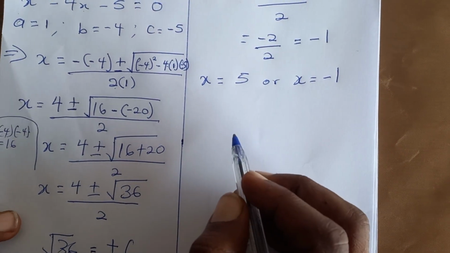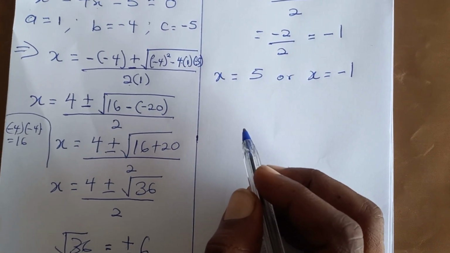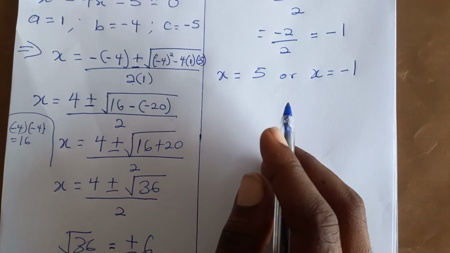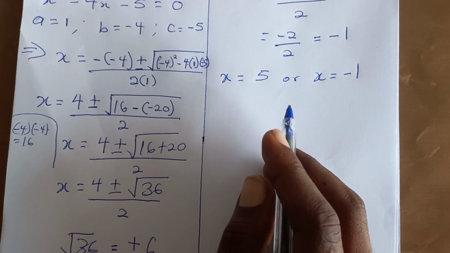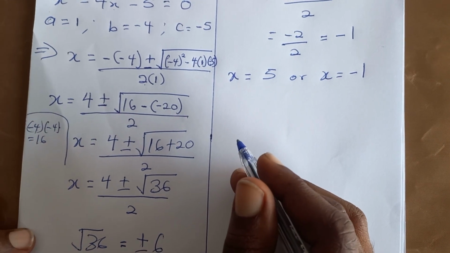Good. Okay, so I'm going to give you one example so that you solve it, then you comment under the comment section for the team to review it for you.